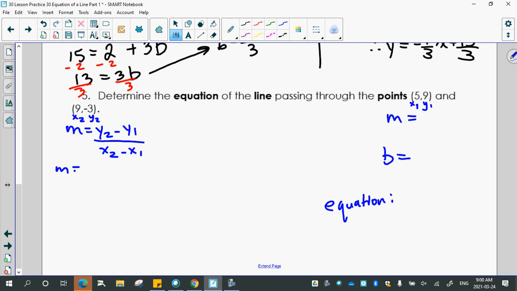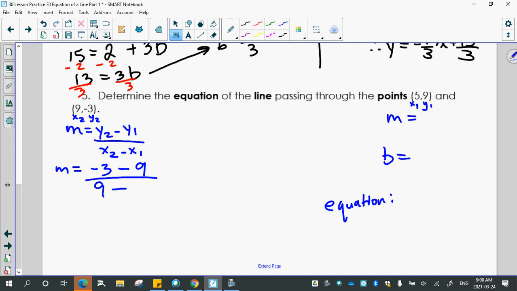So if you use this slope formula, it will give you the slope if you put your numbers in correctly and calculate correctly. So y2 for us is -3. There's a minus in the formula. y1 is 9. x2 is 9.